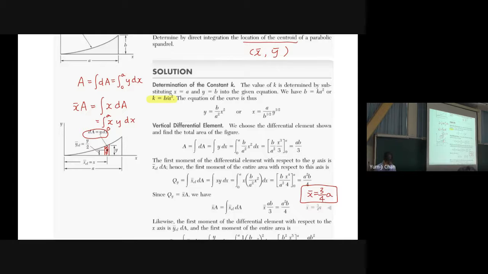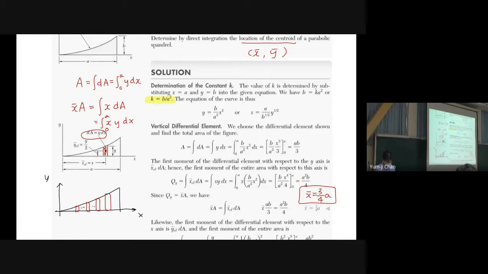Let's work it out like this, and we are still looking at the vertical slices.